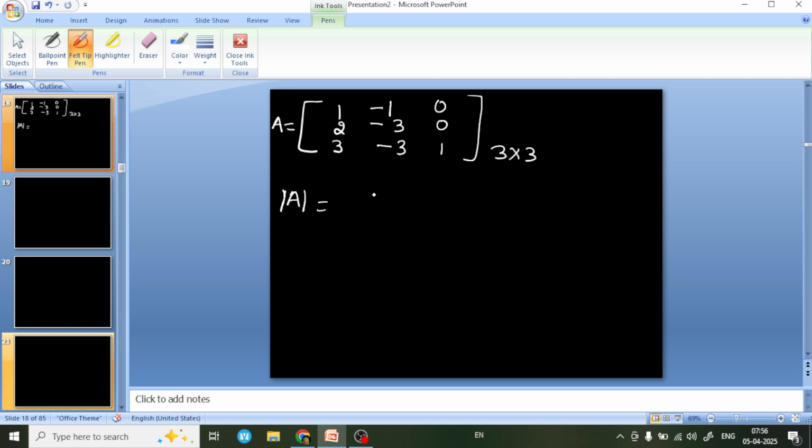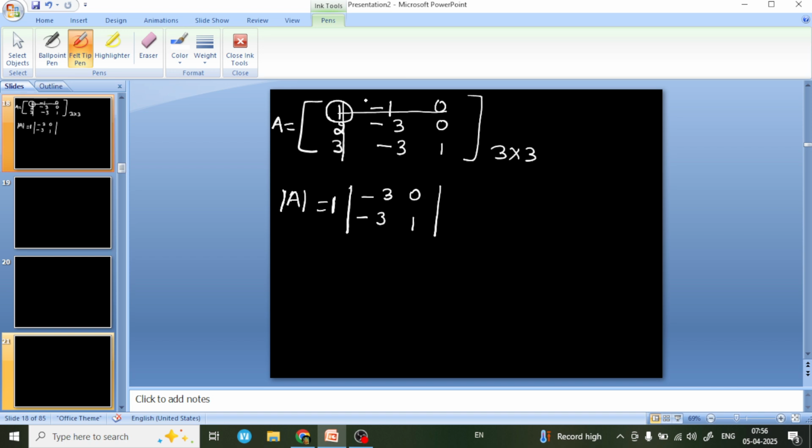First of all, you have to take the first value from the first row outside of the submatrix. Now leave the first row and first column. You will find -3, -3, 0, 1.